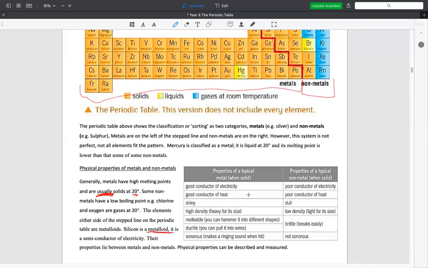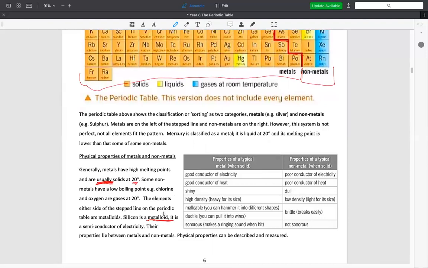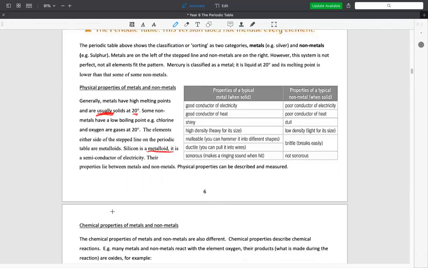Metalloids can have some properties of metals and some properties of non-metals. They're like the in-between ones, and they're usually found on either side of the stepped line, right next to it. We can't put them into a metal category or a non-metal category, so we just call them metalloids.